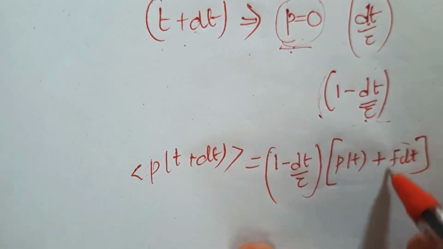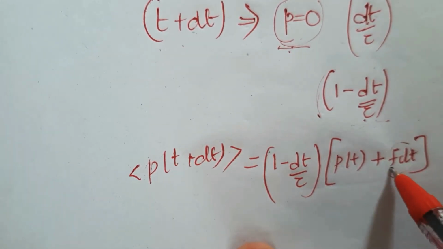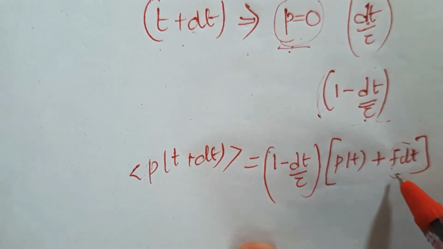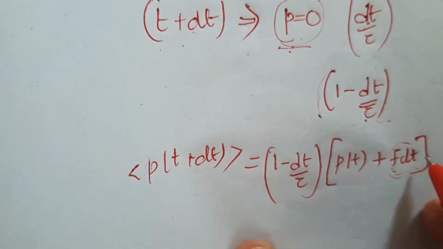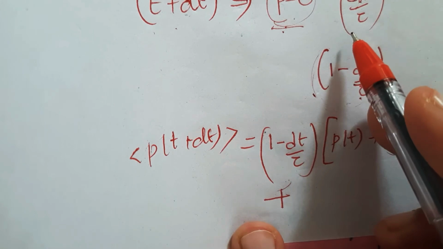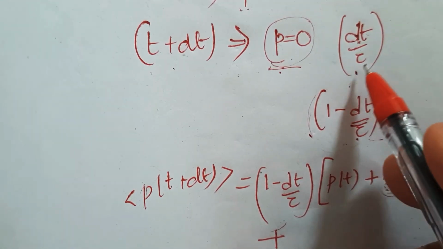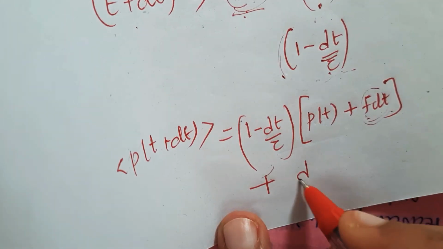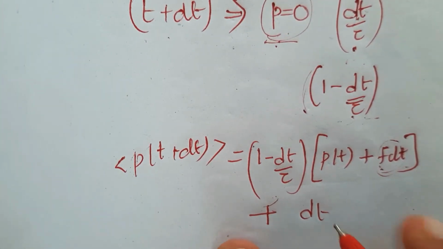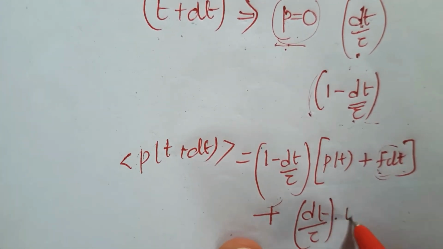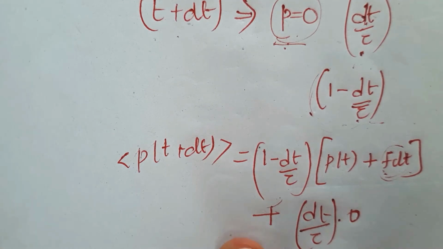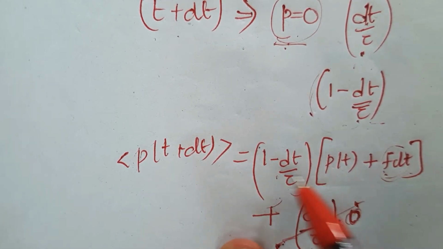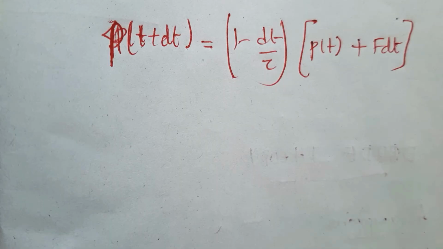This is because f is equal to dp by dt, so dp is equal to f dt. Plus the probability that it will undergo scattering, dt by tau, into 0. This term will cancel off because the momentum is 0. The next step is to open the bracket.